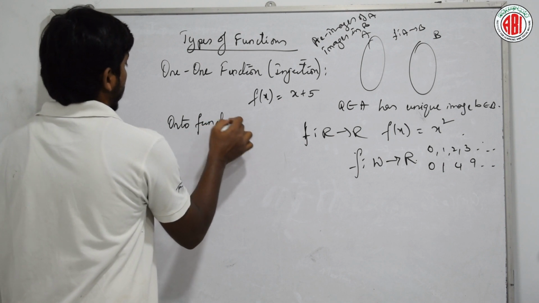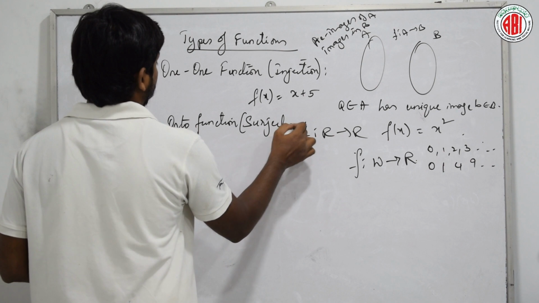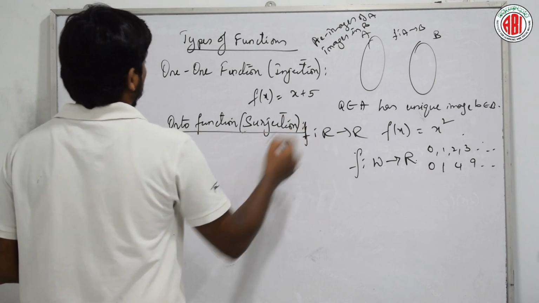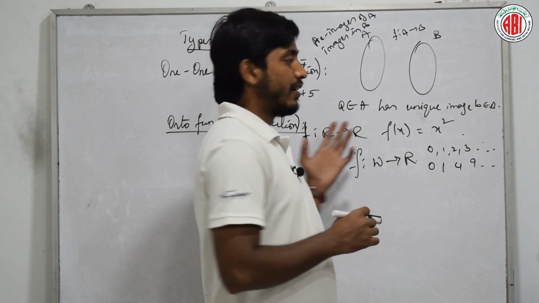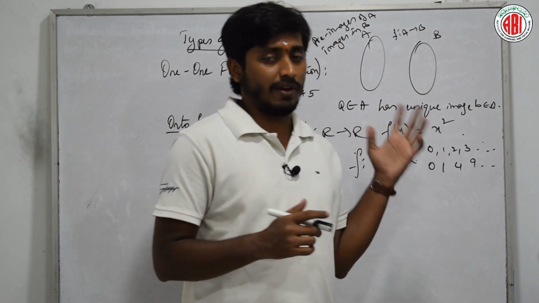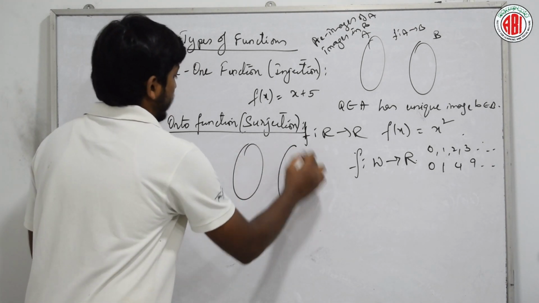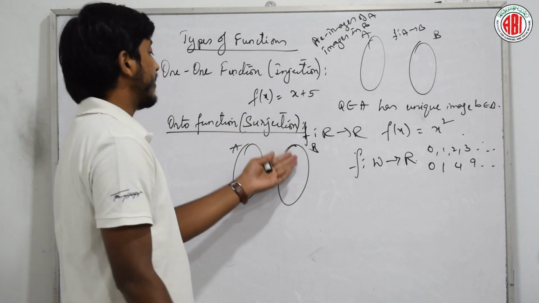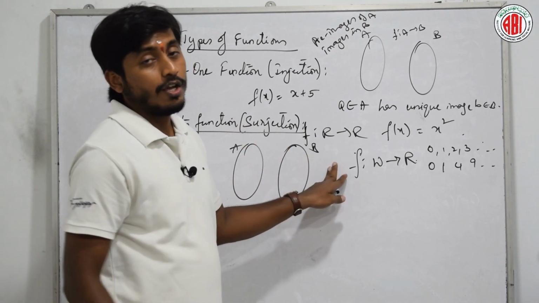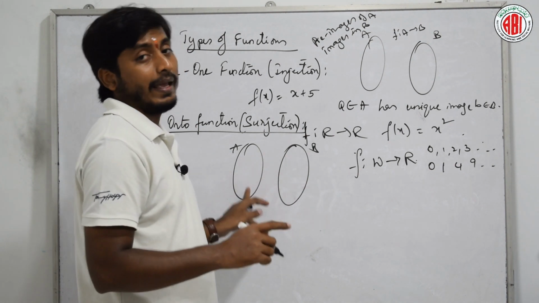The onto function, or it can also be called surjection. What is this onto function? It is not a 1-1 function, but it tells us that if I have two sets A and B, then for each and every image in B there should be at least one pre-image.